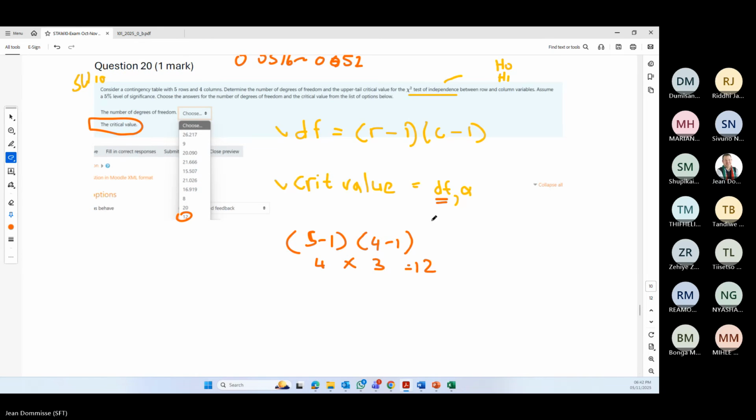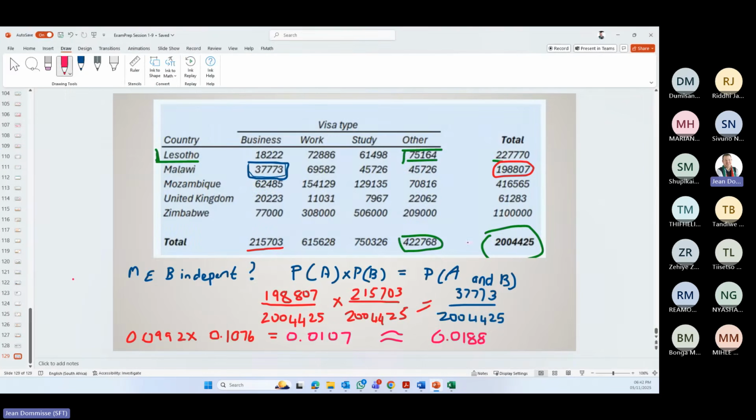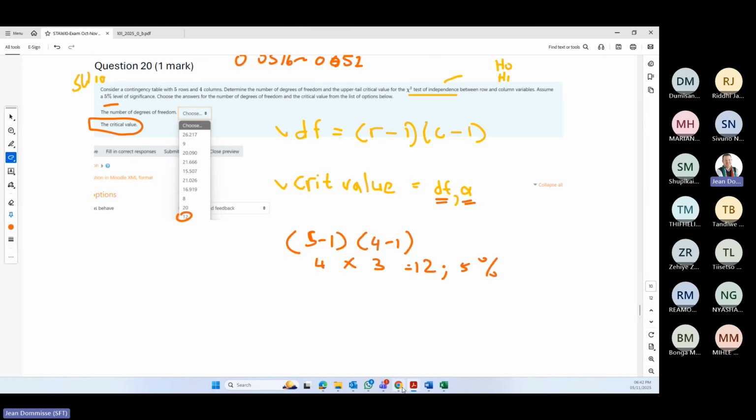Okay, then the alpha here, they need to tell us, okay, 5%. So we're working degrees of freedom of 12, alpha 5, and okay, let's just close that one now.